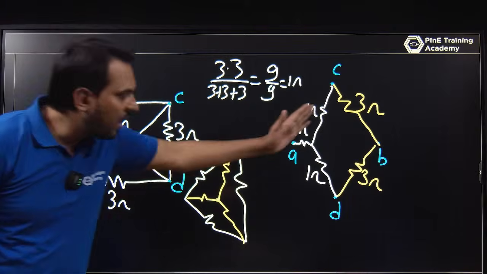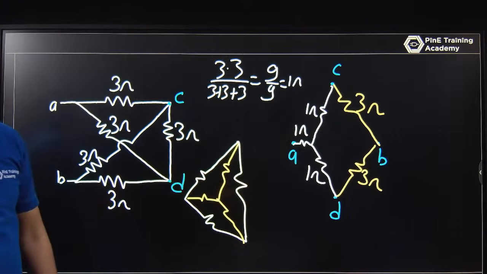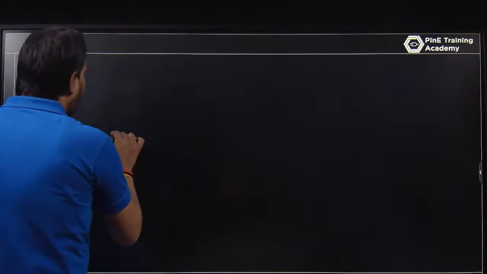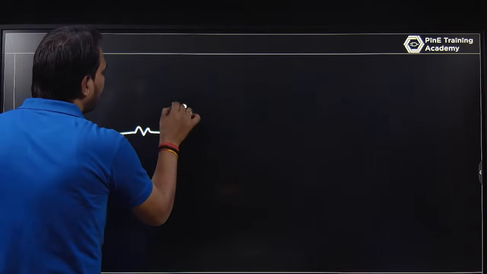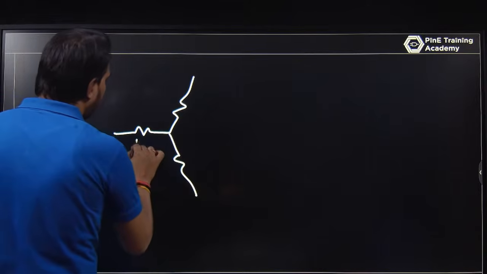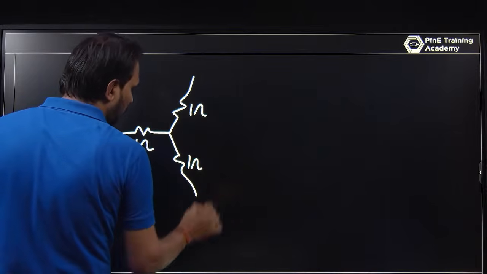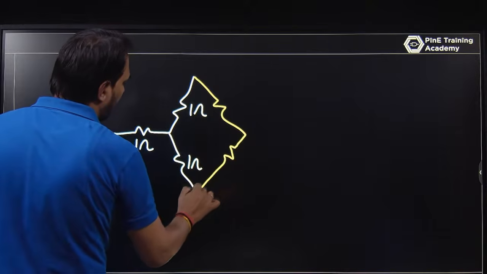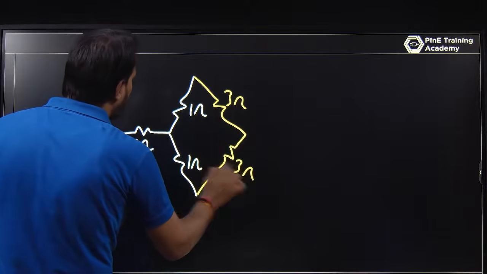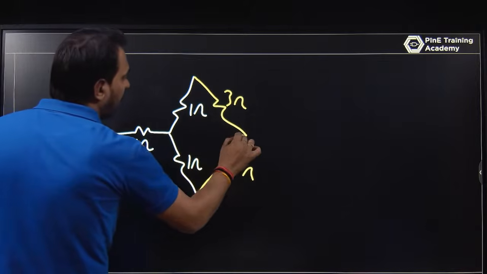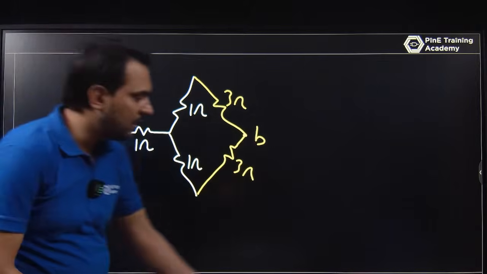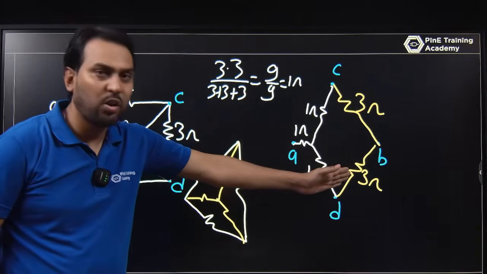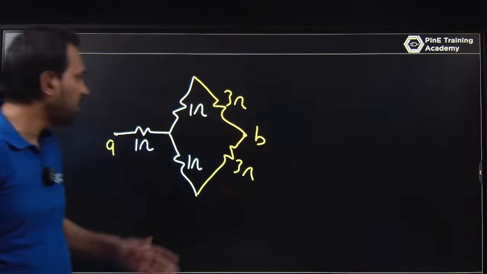I am just converting delta to star, the value is like this. Now the circuit will be like this. This is 1 ohm, this is 1 ohm, this is 1 ohm. This is 3 ohm, this is 3 ohm, and you are talking about AB. Okay, just check it.